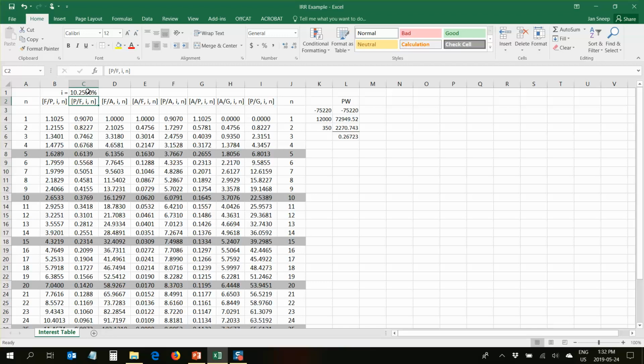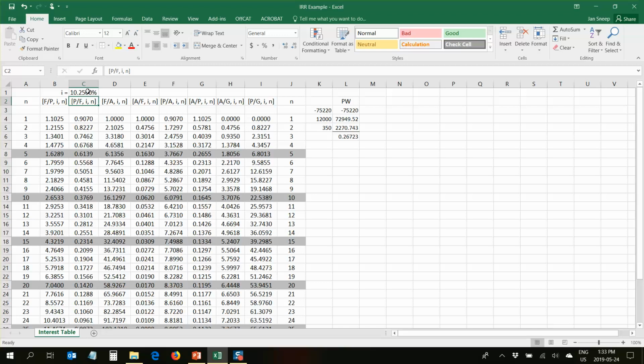It's pretty quick. Certainly that's a lot faster than trying to solve the formulas to come up with a more accurate internal rate of return percentage. And really, in today's world with spreadsheets, not necessary.